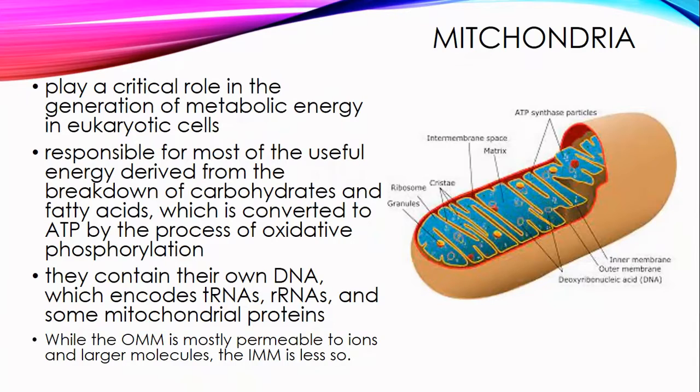Now, once the glucose is broken down and transformed into pyruvate by the process of glycolysis, if you remember, glycolysis happens outside the mitochondria, inside the cytoplasm or the cytosol, converting the glucose into a 3-carbon carbohydrate called pyruvate.